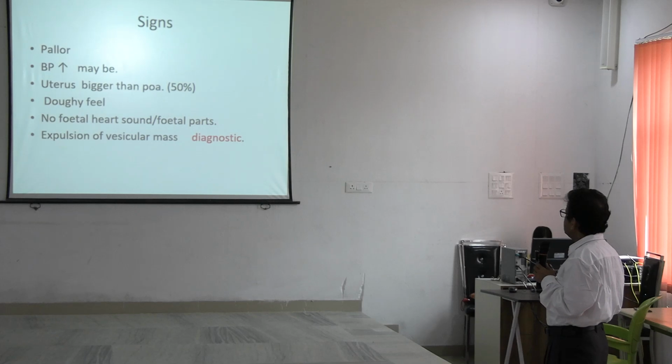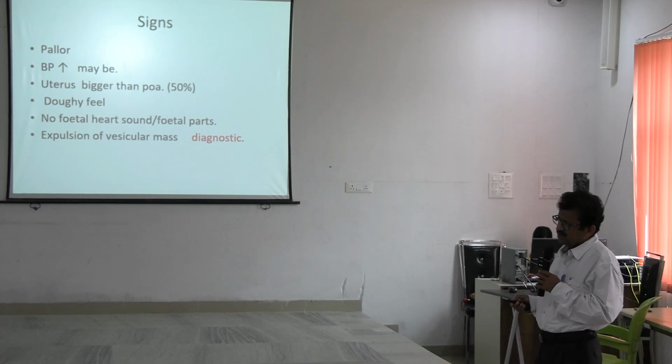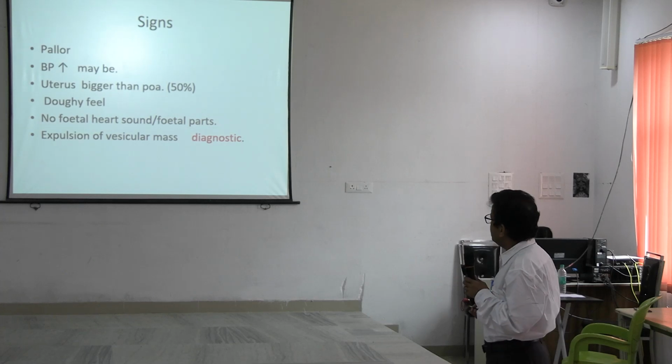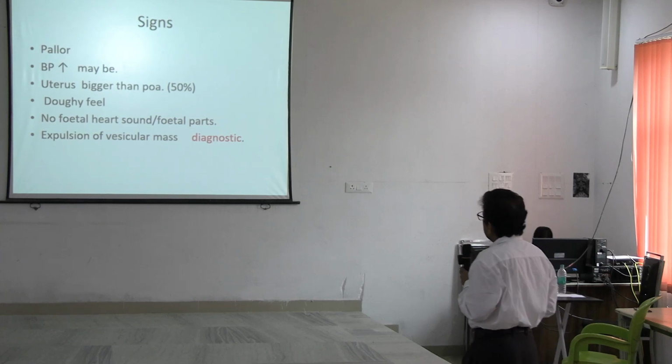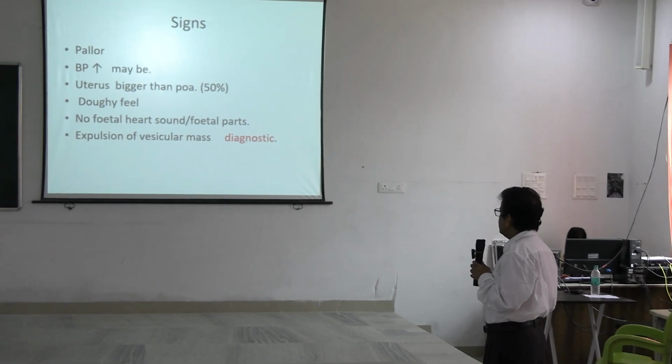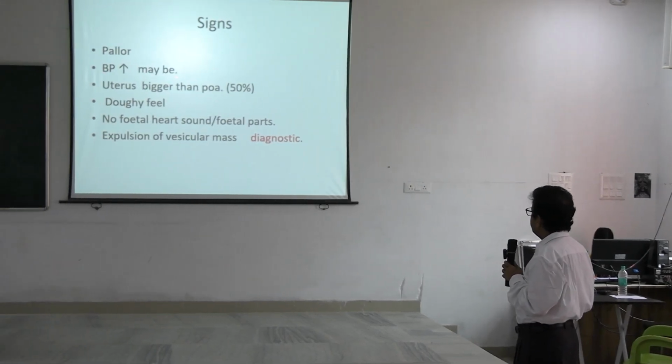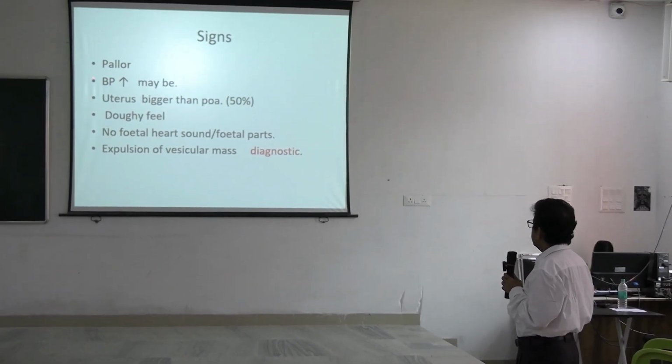Then what are the signs? That is pallor, because of the recurrent bleeding: amenorrhea followed by bleeding PV, irregular bleeding PV. So there will be pallor. BP may be high if there is pregnancy-induced hypertension, preeclamptic toxemia.